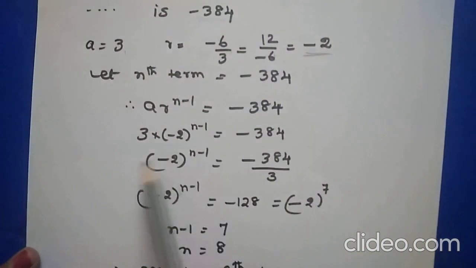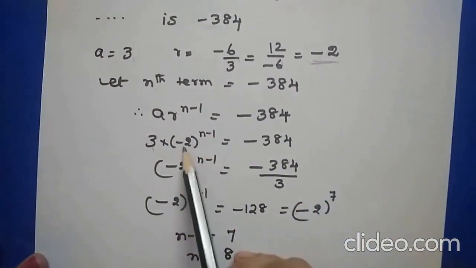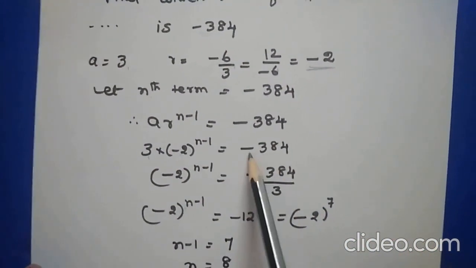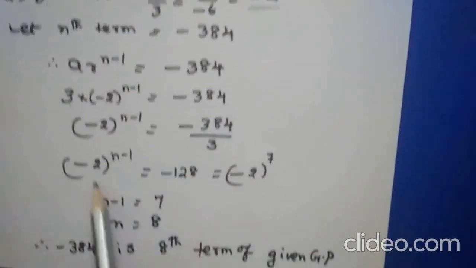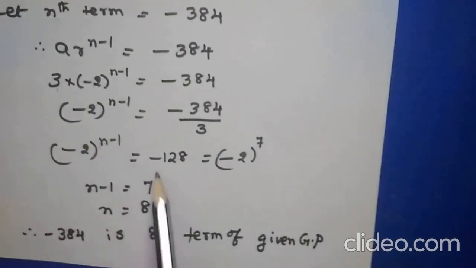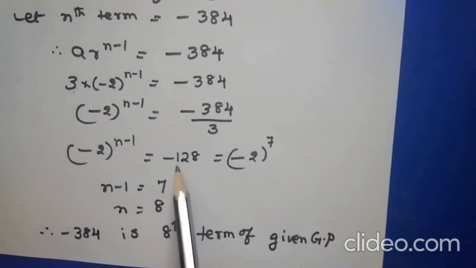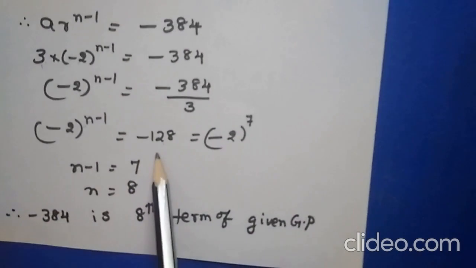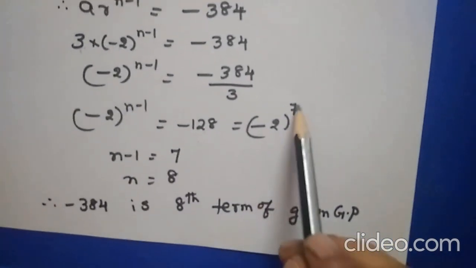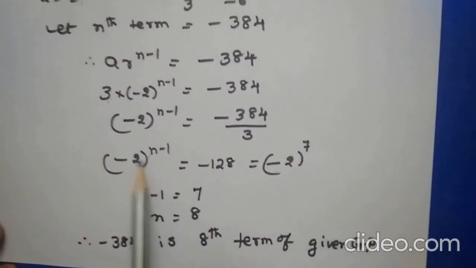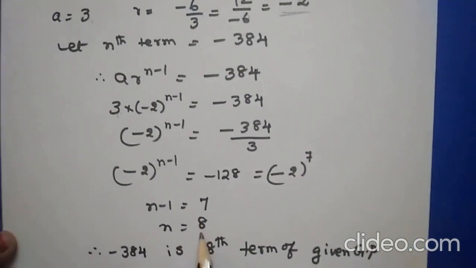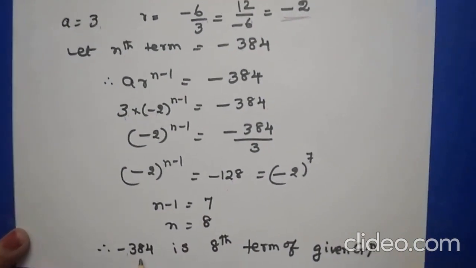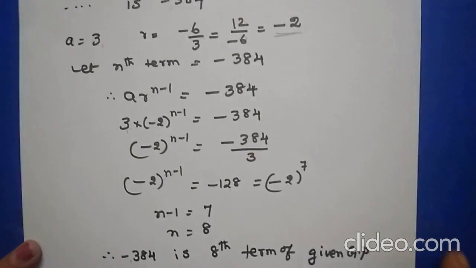In the place of A, 3, and in the place of r, minus 2, power n minus 1 is equal to minus 384. Now the 3 will go to the denominator. You are getting minus 2 whole to the power of n minus 1 is equal to minus 128. You can write minus 128 as minus 2 whole to the power of 7. So comparing this, n minus 1 is equal to 7, n is equal to 8. Therefore, minus 384 is the 8th term of the given GP.